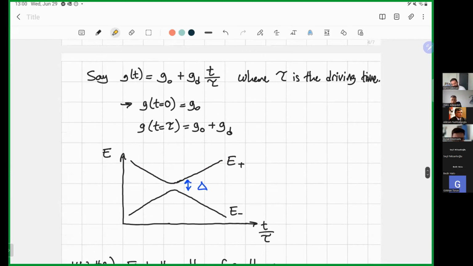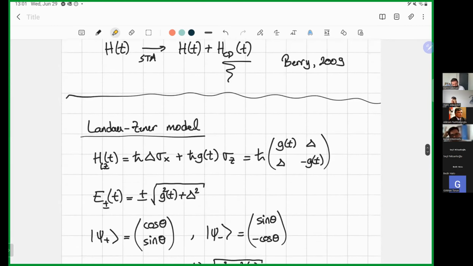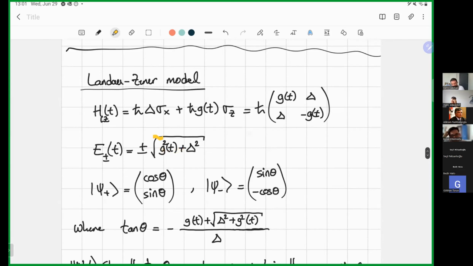If you consider this G of T to be a linear ramp, at T equals 0 you start at G0, and at T equals tau you arrive at G0 plus GD. In the meantime, you cross a point where G is basically 0, and in that case the energy level separation is at its minimum.